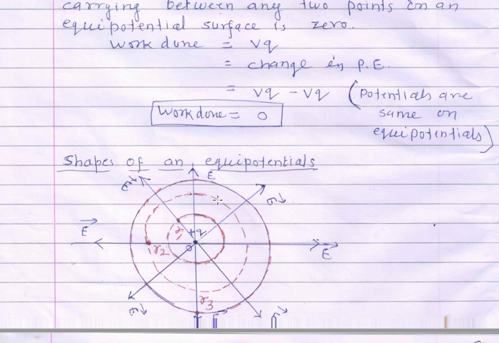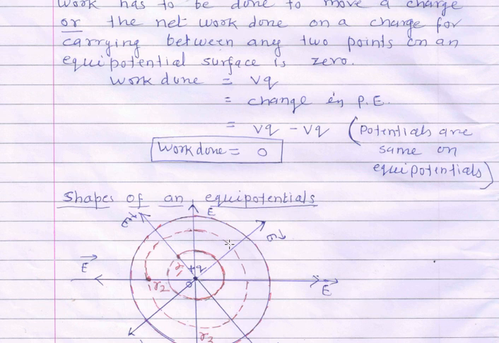But this does not happen. If it is an equipotential surface, no work has to be done. So there is no component in the direction of the surface. So it shows that the electric field is always perpendicular to the equipotential surface. They are perpendicular to one another.